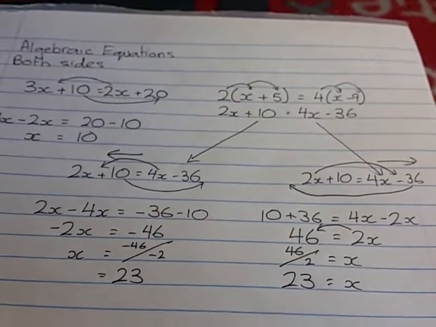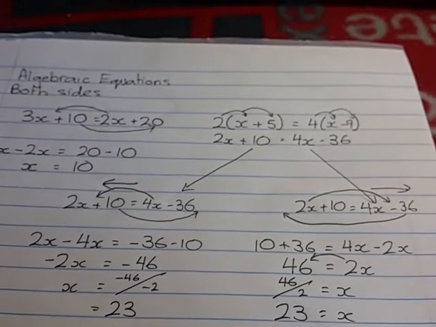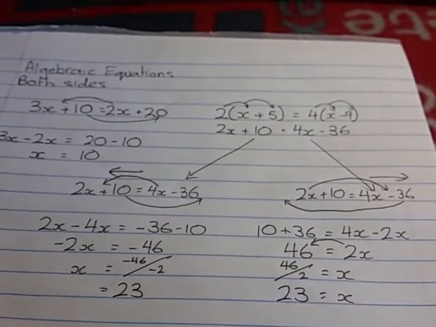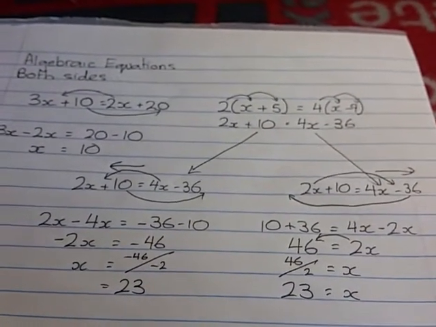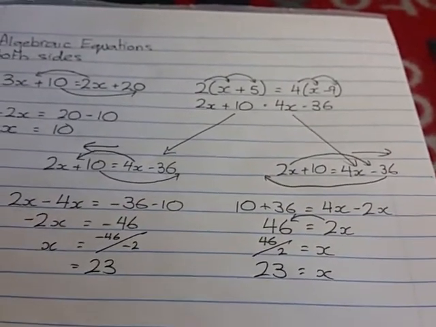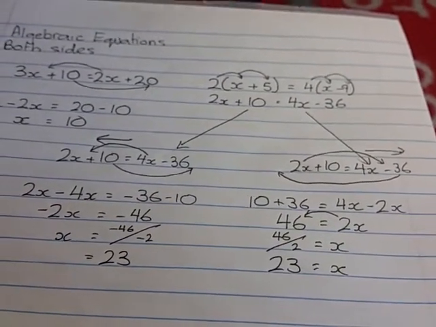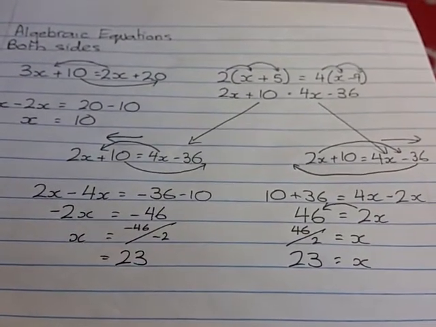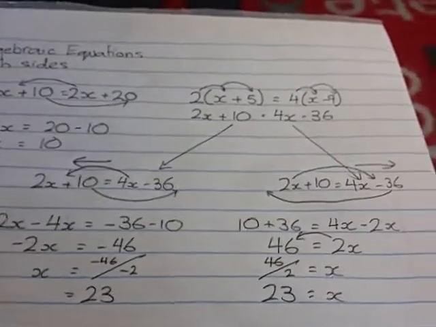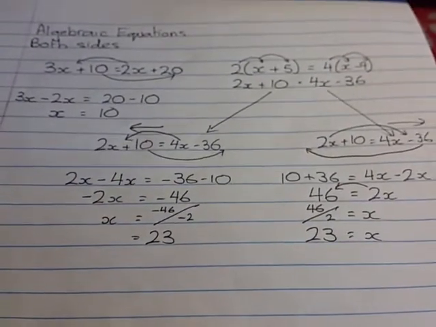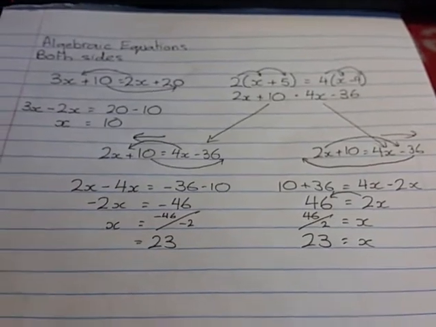The main thing you have to take note of is your signs. You have to make sure what was already there keeps its sign, and what is moving has to change its sign. Right. I hope that makes it understandable. Let me do one more example with you before I give you today's exercise.